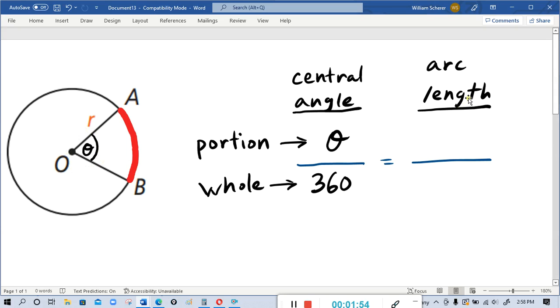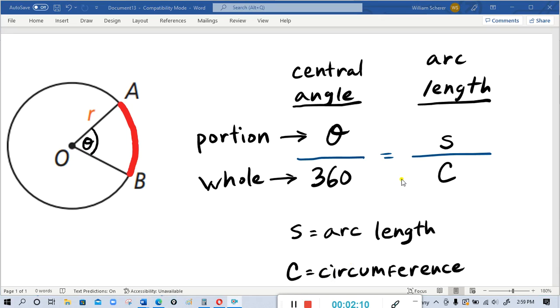Now, the arc length is usually represented by the letter S, and the distance around the whole circle is represented by the letter C for circumference. So S stands for arc length, C is circumference, and this is the ratio and proportion we'll be using throughout the exercise.